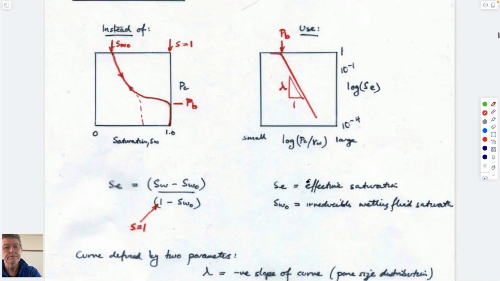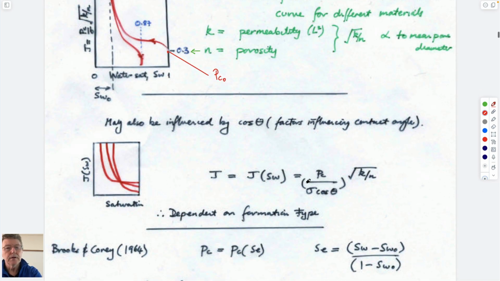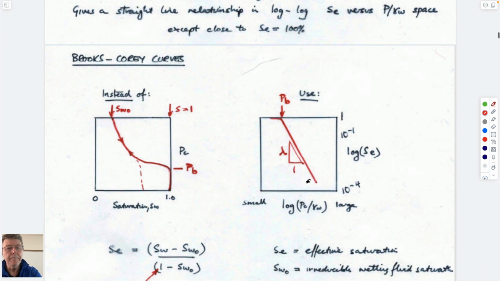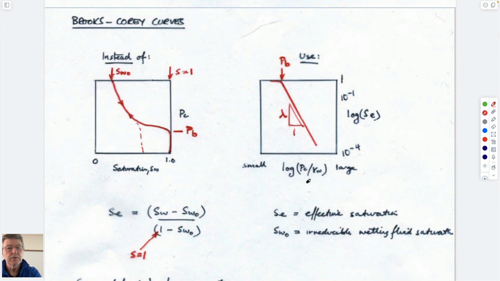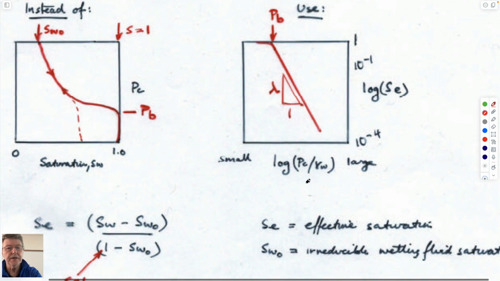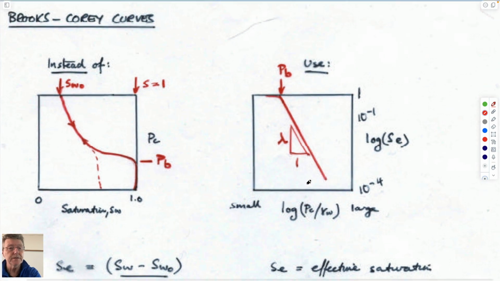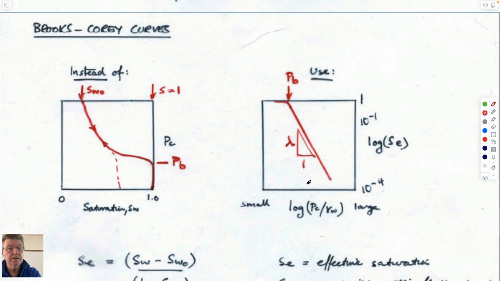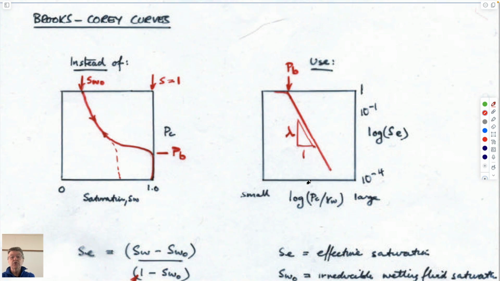So, what else can we do with this? Well, we mentioned that the things that we'll talk about have been developed in a bunch of different fields. So some in petroleum, some in agronomy. So one way of looking at this capillary pressure versus saturation curve, if we just look at the drainage limb, so this is when water is draining out of the system, then we could characterize it in terms of this.